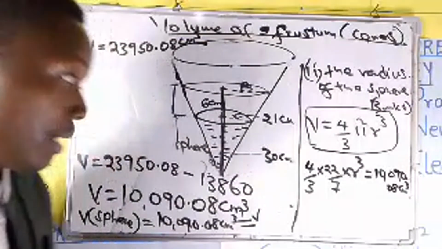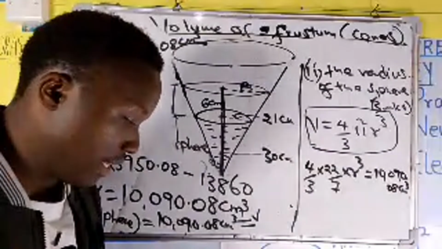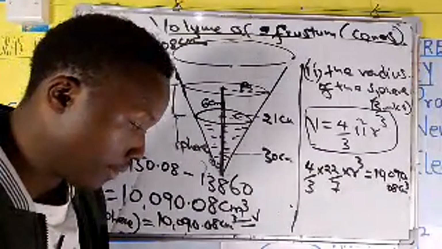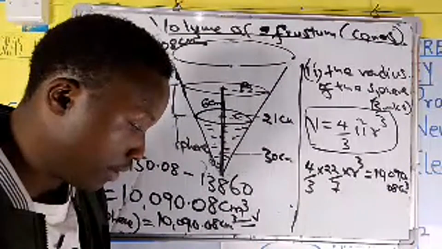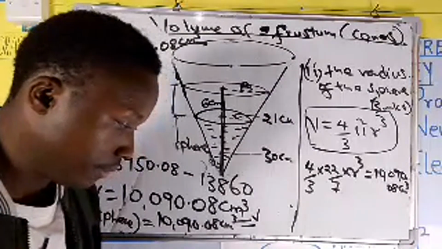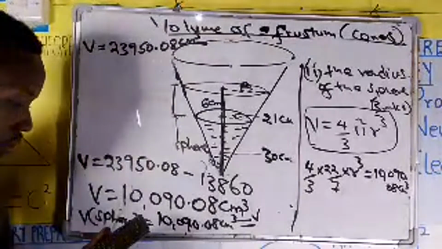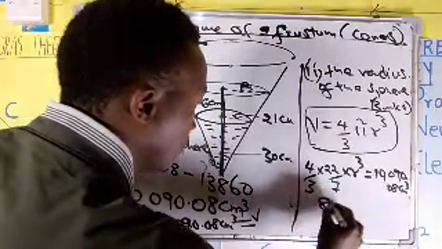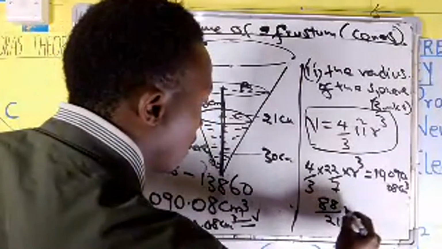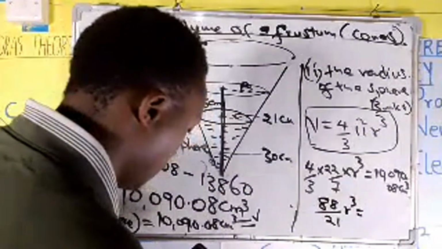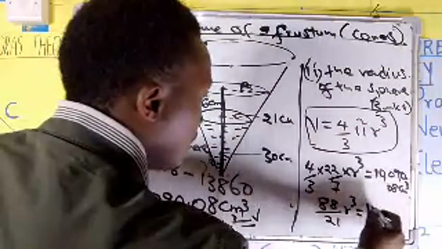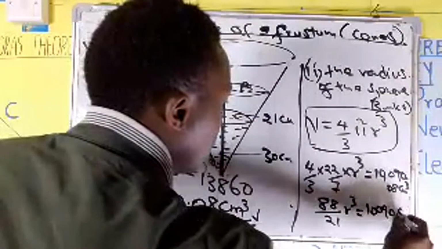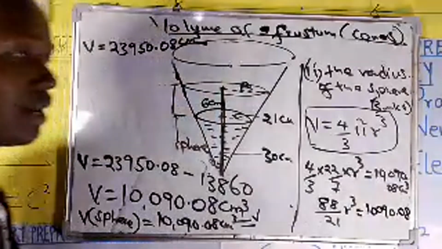We are now going to multiply 4 over 3 times 22 over 7. That will be equivalent to 88 over 21 r cubed is equal to 10,090.08.